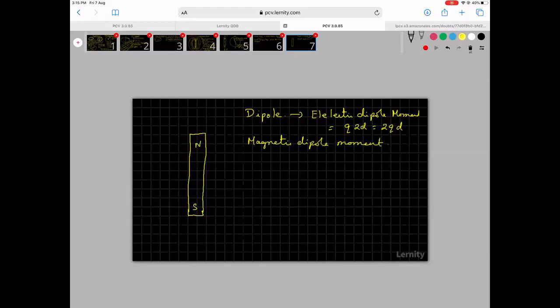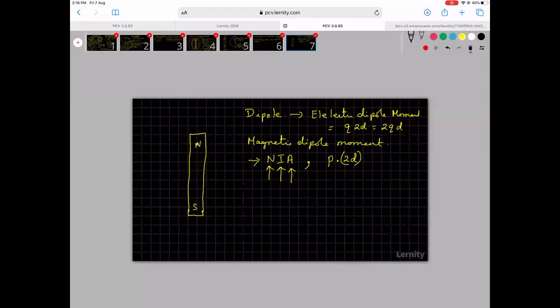The magnetic dipole moment of an electromagnet is defined as NIA. N for number of turns, I for current, A for area. If it's a permanent magnet, it is equal to the magnetic pole strength into the distance separating the two poles.